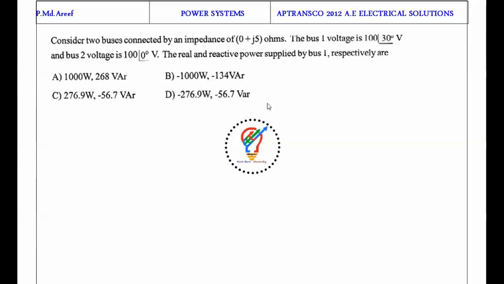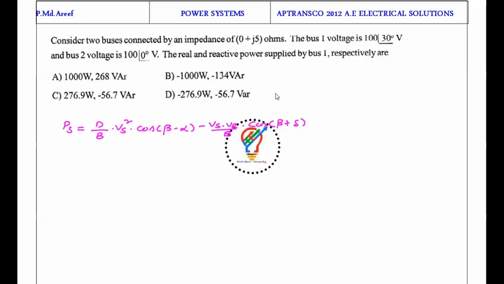So the formula we are going to use is: the supplied power P is D by B into Vs square into cos(beta minus alpha), minus Vs Vr by B into cos(beta plus delta). Okay, so now what are the values of B and D here?